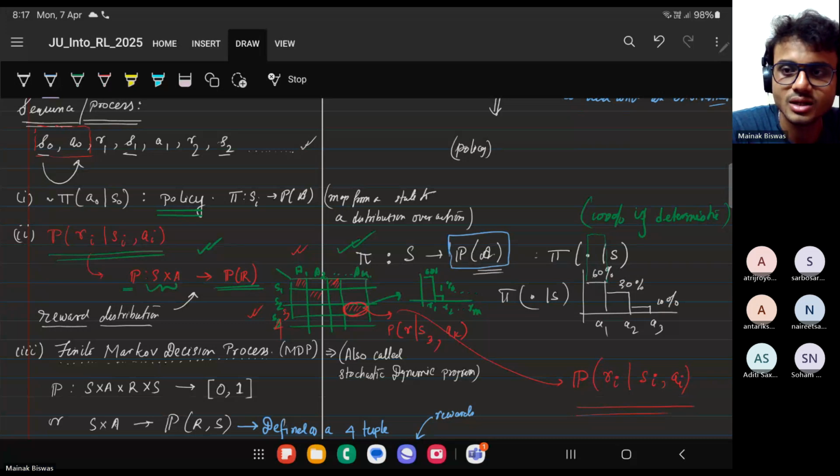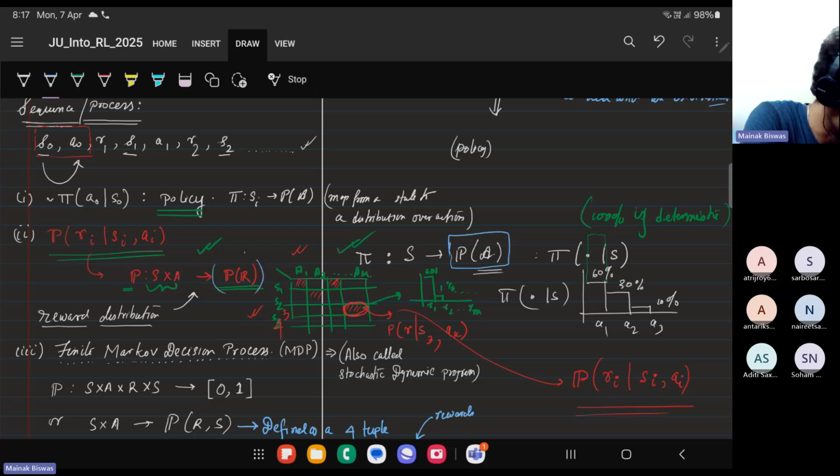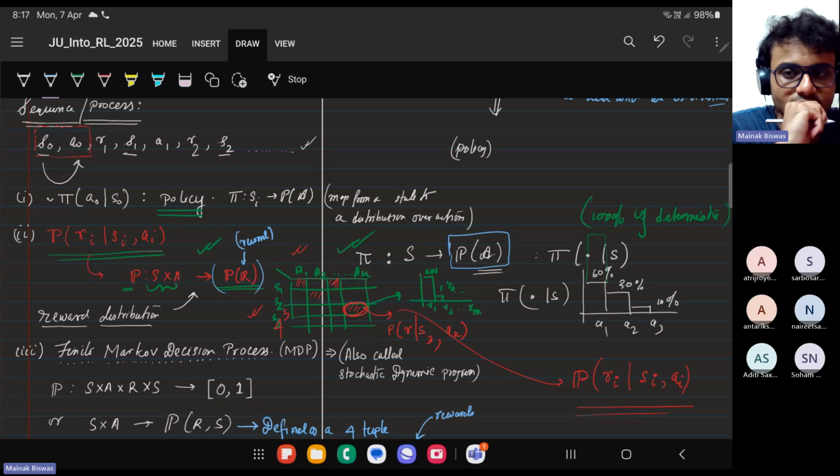Clear? Reward is also the same. The reward function is also a mapping from state comma action to a probability distribution over rewards. Is that clear? Here R is the reward. Very similar, not a lot of difference between these two.